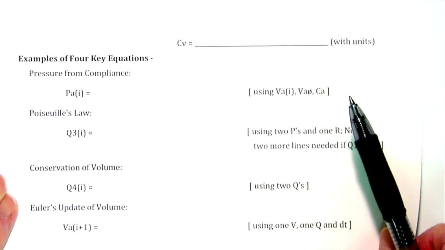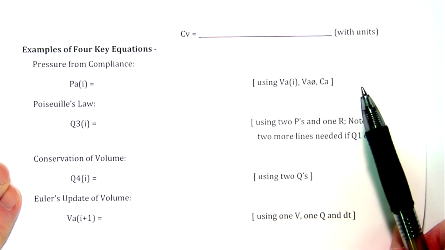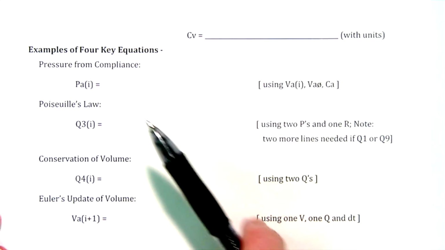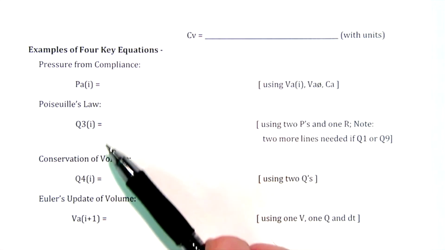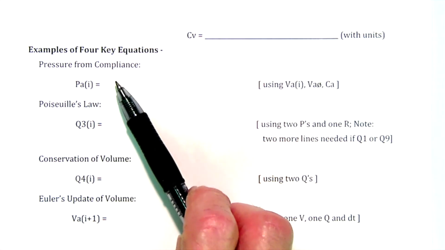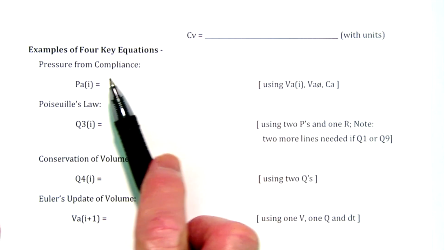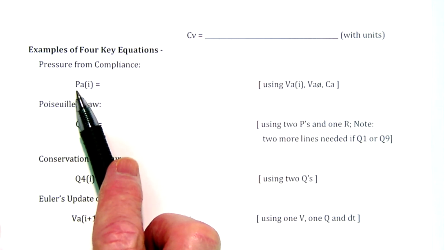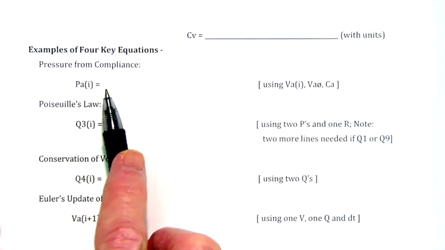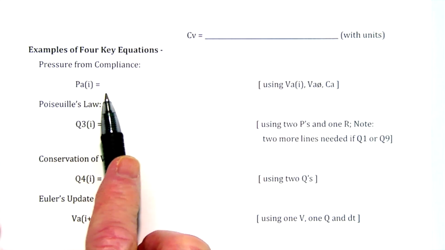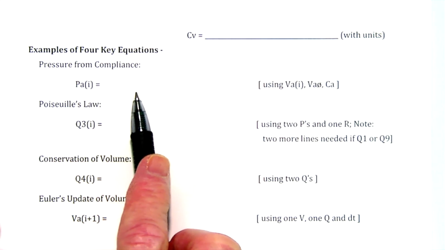Now, down at the bottom of worksheet number 2 is where we're going to write some typical equations for each of the 4 key principles that were included in the major project. Pressure from compliance is the first one. So we'd like you to handwrite in here the equation which gives the pressure in the arteries as a function of each of the milliseconds, that's the index I, as we go through an 800 millisecond cardiac cycle.